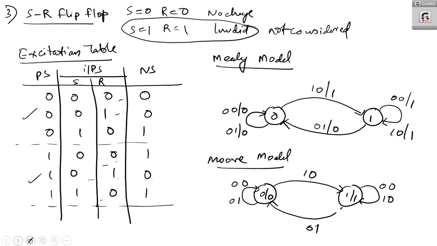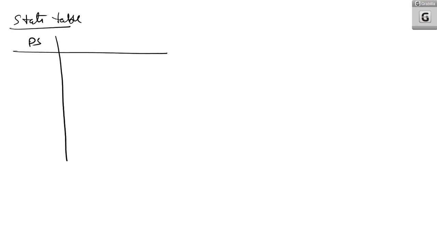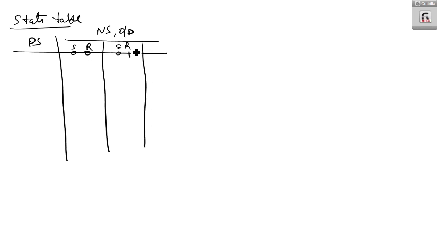Now if I am drawing the state table of this SR flip-flop, how will it be? That is the question. I am having present state, and I will go with next state and output, with inputs as S and R. Here you are having SR as 0, 0, that is 0, and SR as 1, 0.